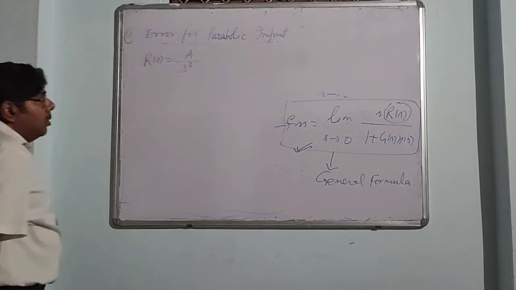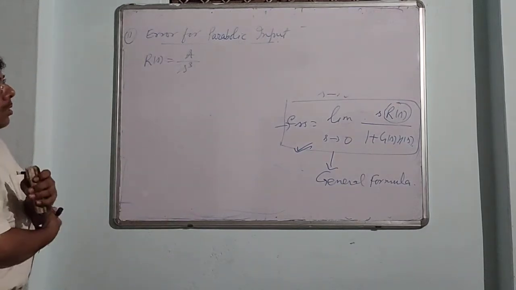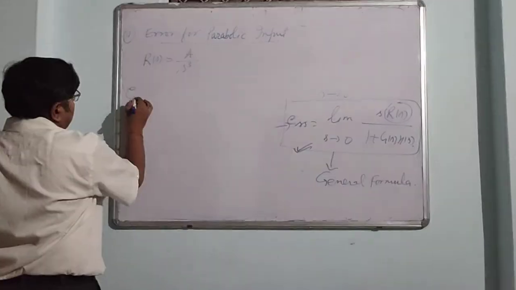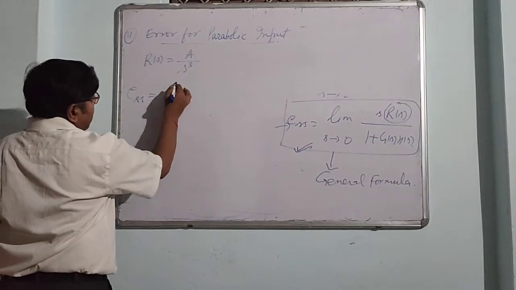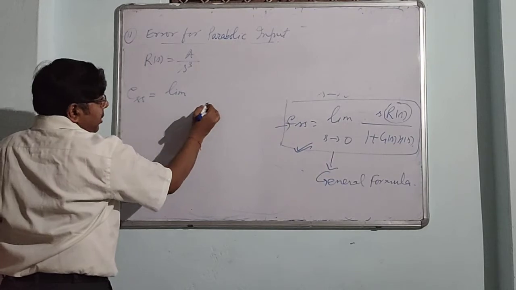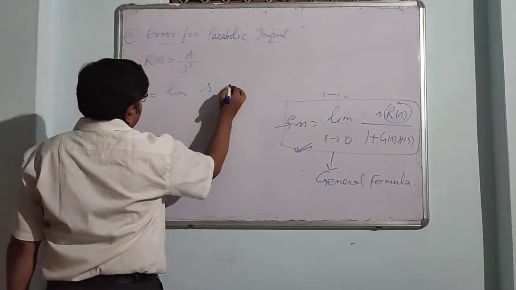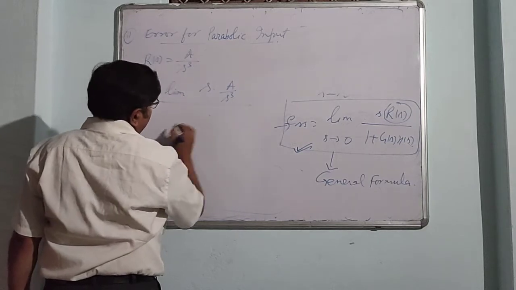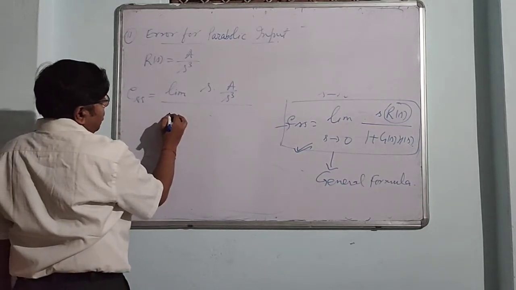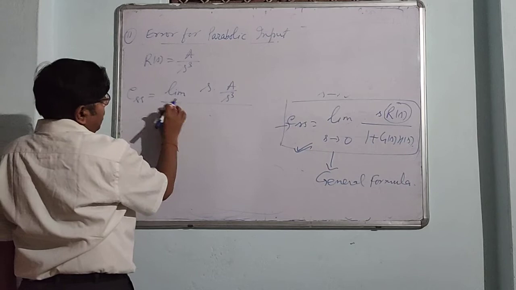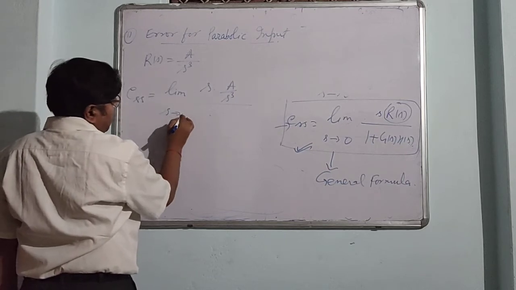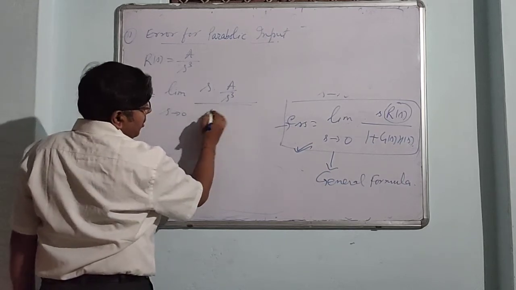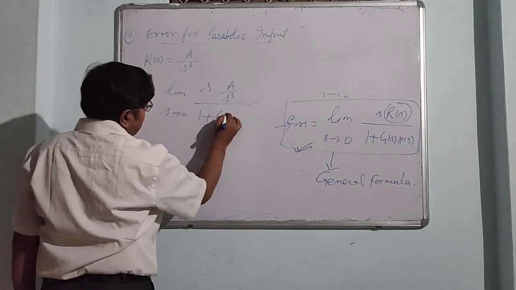Steady state error can be obtained by this expression: A upon s cube, over 1 plus G(s)H(s).